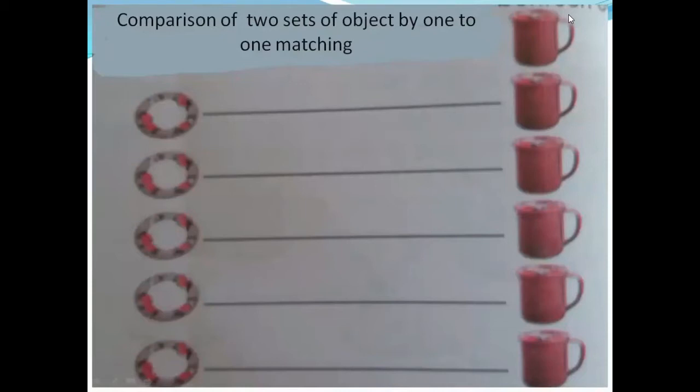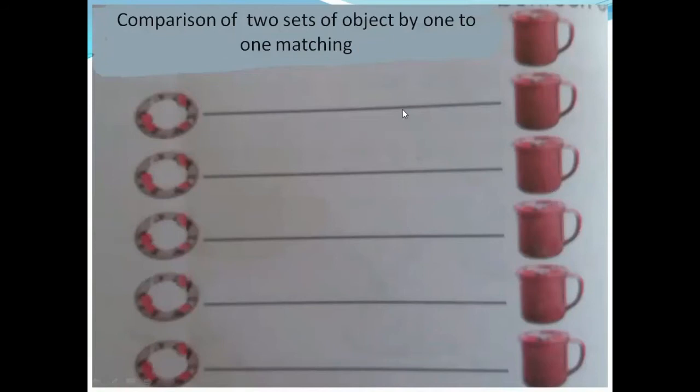So the quantity of the cups is more than that of the saucers. Here, how many cups? 6. So the quantity of the cups is more than the saucers, and we can say that the quantity of the saucers is less than that of the cups.